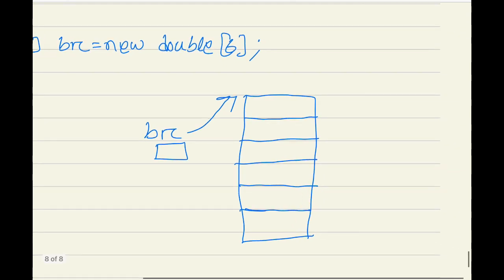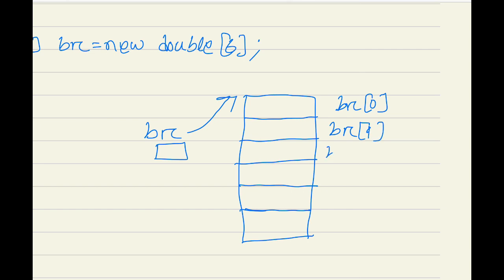Now this element is br of 0, the 0th element. Similarly this is br of 1, br of 2, br of 3, br of 4, br of 5.